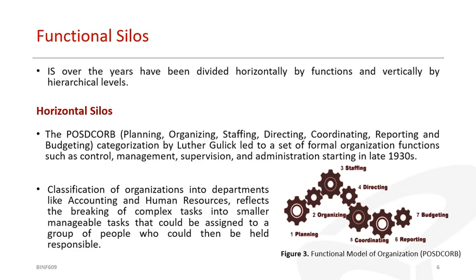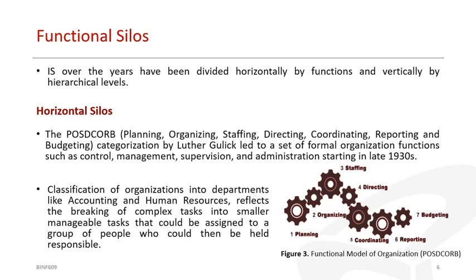In 1930, Luther Gulick extended this classification into the functional model abbreviated POSDCORB, which stands for planning, organizing, staffing, directing, coordinating, reporting, and budgeting, as shown in the figure.